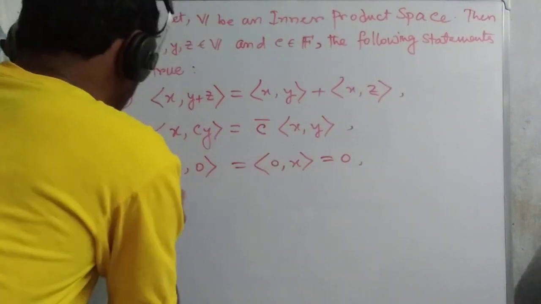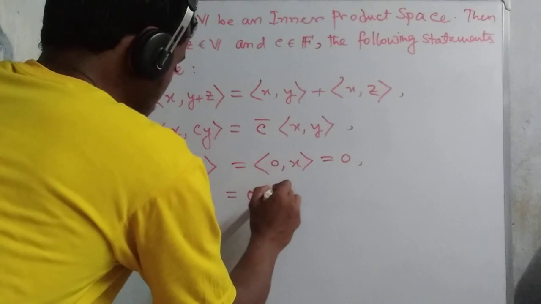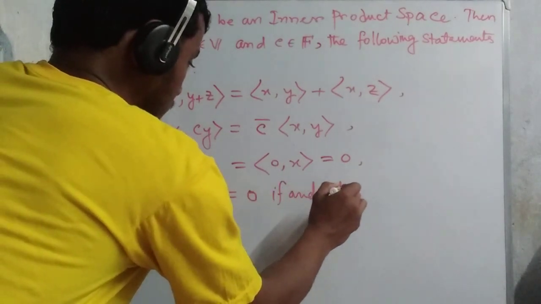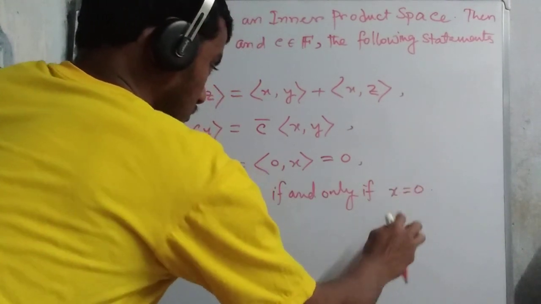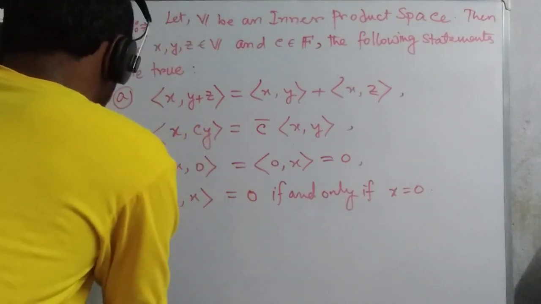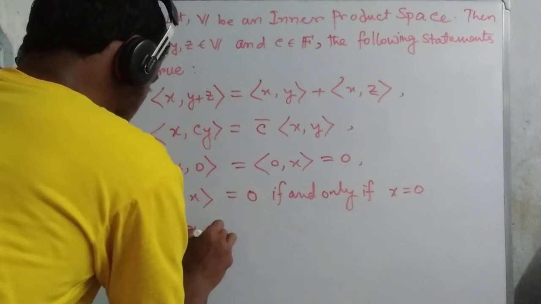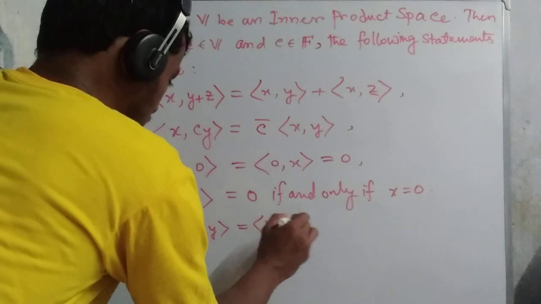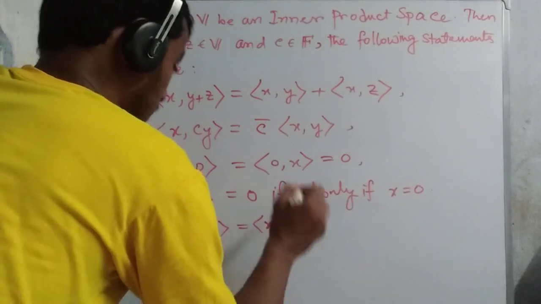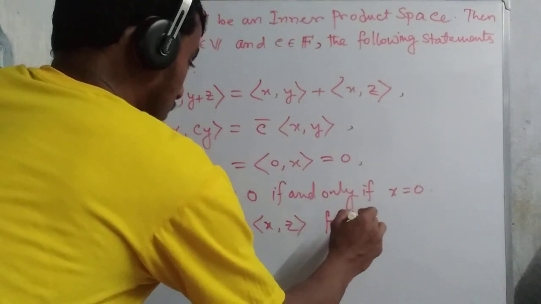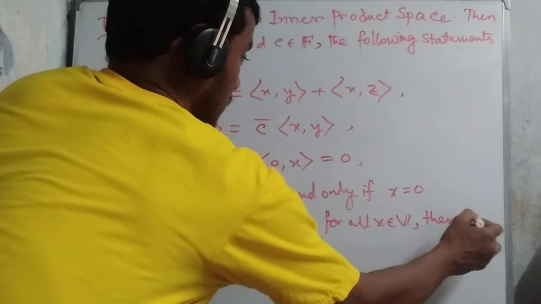D: the inner product of x with x equals 0 if and only if x equals 0. Fifth, if the inner product of x and y equals the inner product of x and z for all x belonging to V, then y equals z.